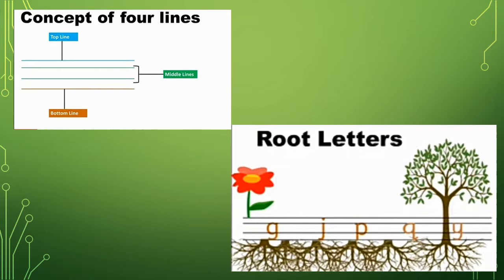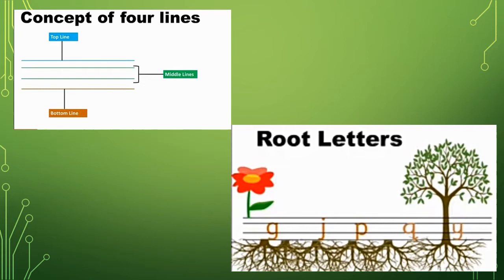It means that we will write root letters in the lower 3 lines, meaning the bottom lines. Root letters will be written on the last 3 bottom lines.